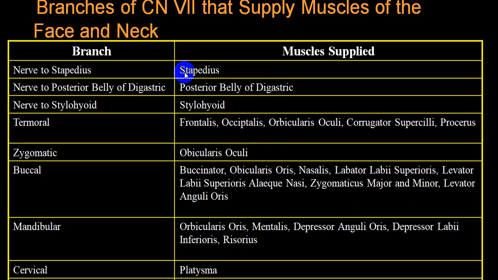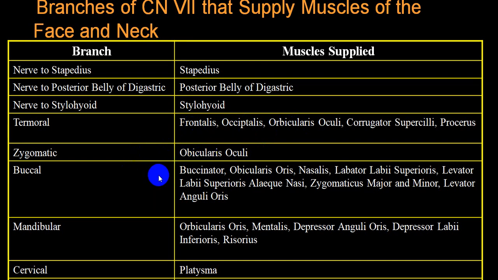So the stapedius muscle is supplied by the nerve to stapedius. The posterior belly of digastric and stylohyoid are supplied by the nerve to posterior belly of digastric and the nerve to stylohyoid. The temporal branch will be supplying frontalis belly and orbicularis oculi. The zygomatic branch will be supplying orbicularis oculi.